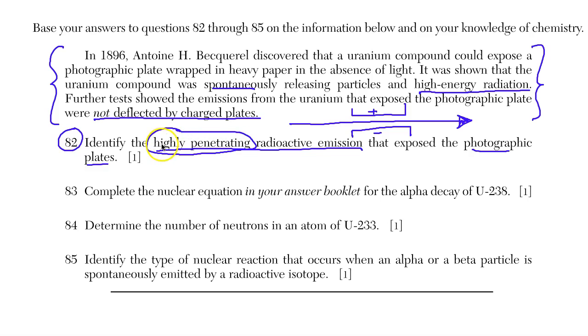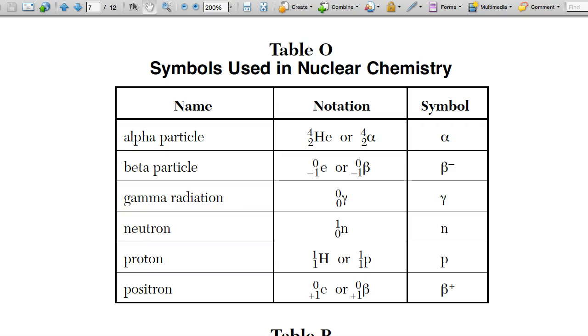So let's go to table O to review all the different types of particles that we have in this course. So here we have table O. Okay, so table O is here, and here are all our particles. Now a beta particle is really an electron, and to understand this, this is the mass number, and this is the charge number. And things you should know is this.